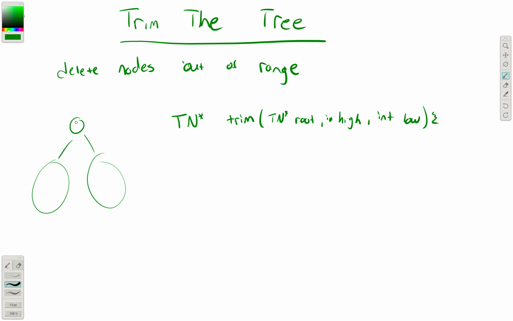If your value at this root is greater than the high, so let's say the range is 10 to 20, and this is 25 here. What does that mean? Well, that means this entire subtree plus this node gets deleted.